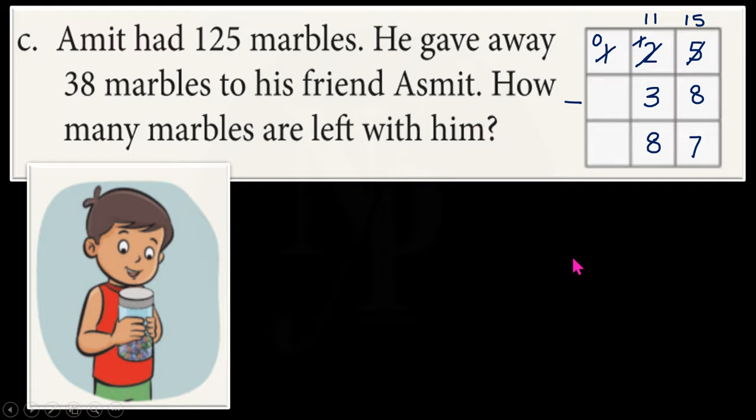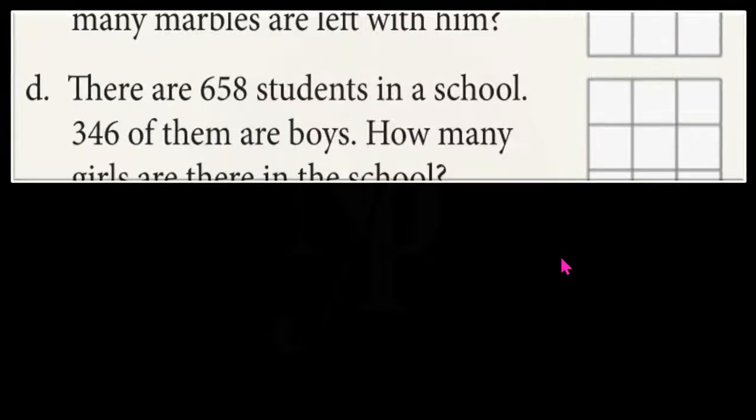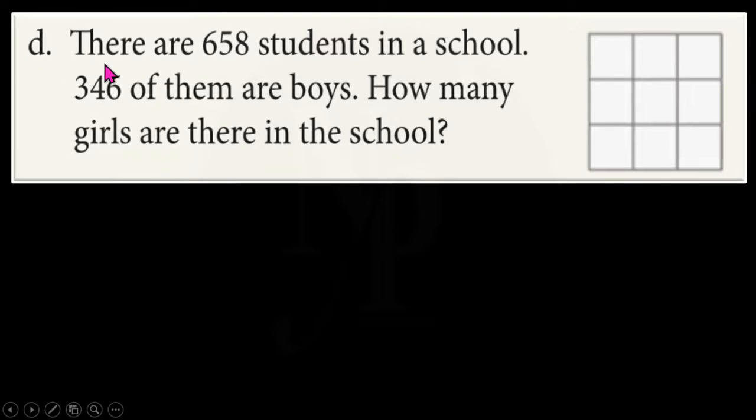Now let us move to the next question. D. There are 658 students in a school. 346 of them are boys. How many girls are there in the school? Again, to find the number of girls in the school, we have to subtract 346 from 658.